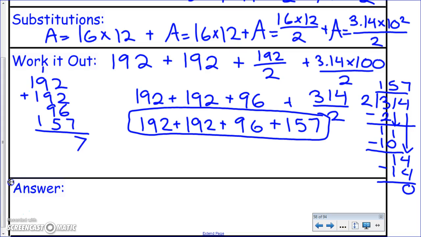Carry the 1. 1 plus 9 is 10, plus 9 is 19. Plus 9 is 28, plus 5 is 33. Carry the 3. 3 plus 1 plus 1 plus 1 is 6. So our final answer is 637. This problem does not give us a specific unit to use, so we're going to just use the word unit. So it's going to be 637 units squared.